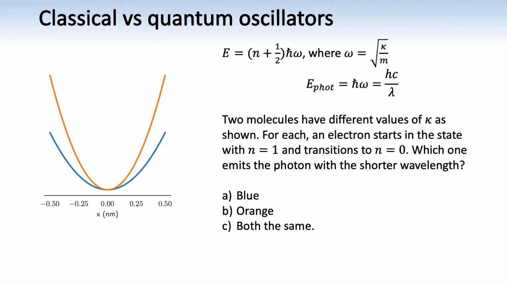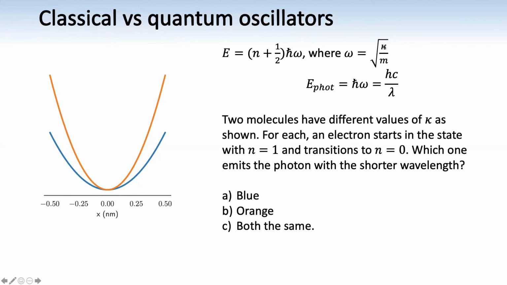Okay, it doesn't say so, but we are assuming that the mass of the electron is the same in the two potentials. So the mass is the same.